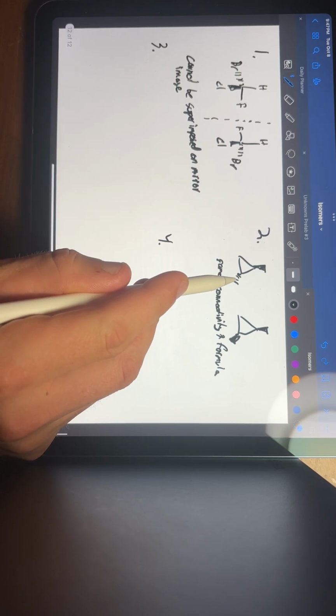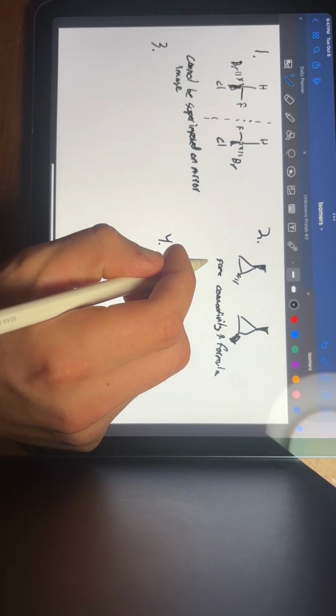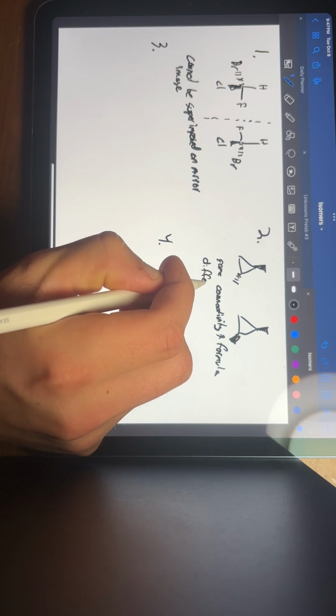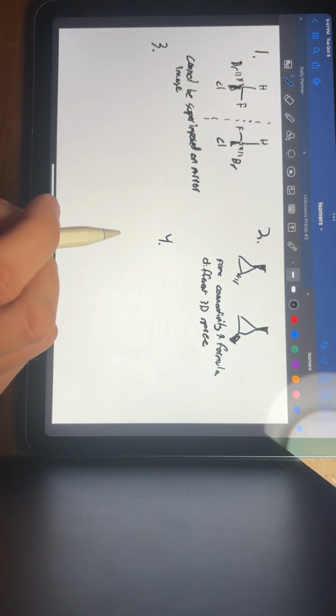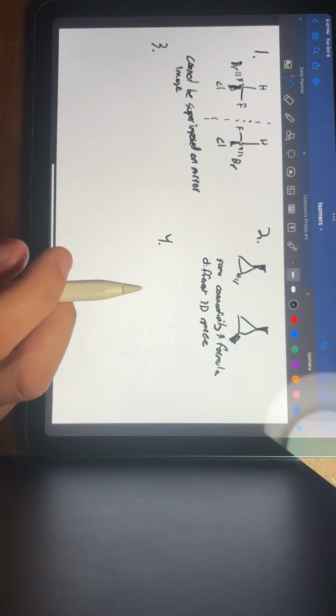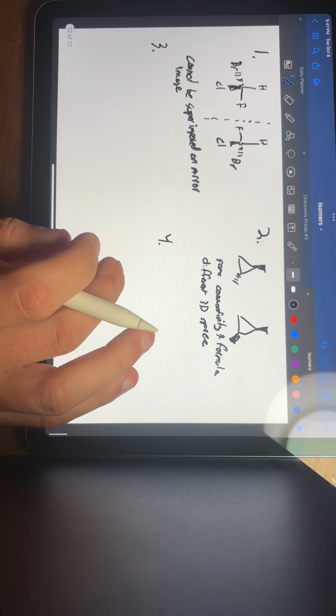Like this carbon is in the back and this carbon is in front. So this difference in 3D space can also cause them to have different properties.